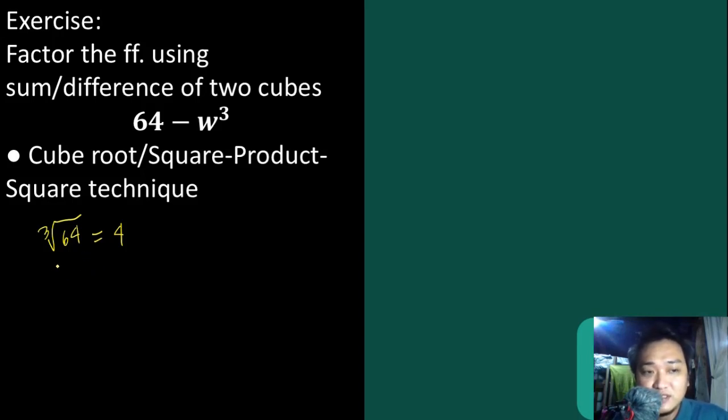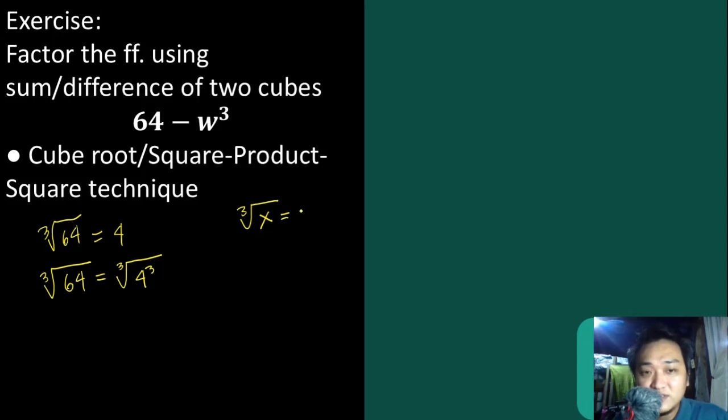So, let's say we want to apply the property in exponents. The cube root of 64 is the same as the cube root of 4 cubed. And since alam naman natin yung cube root, just like square roots, let's say the cube root of x, alam naman natin na it could also be expressed as a fractional exponent.